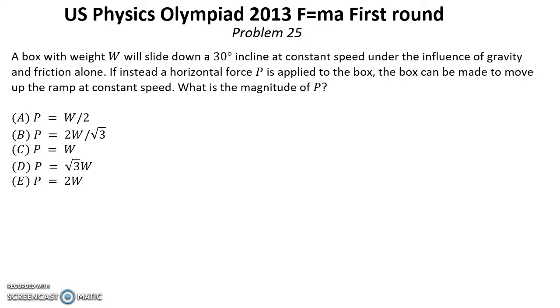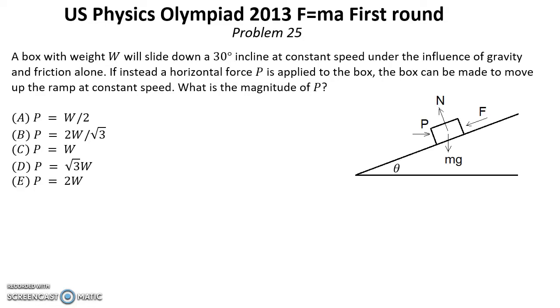Solution. First, let's do a free body diagram. Here we have an incline with angle theta 30 degrees, and the forces acting on our block during the motion up are mg, which is the force of gravity, force P, which is horizontal, force of friction, which is going this way, and normal force.